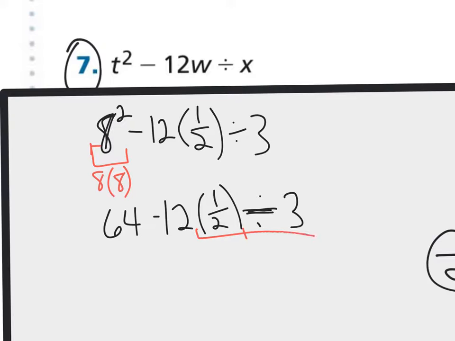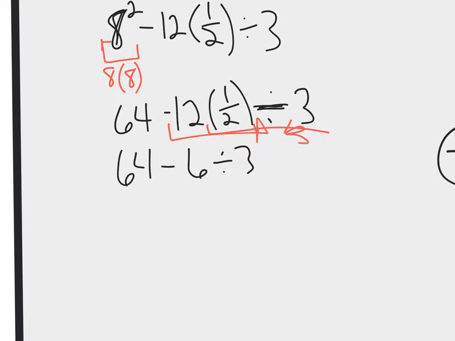Sorry, we do the multiplication. Multiplication and division from left to right. So half of 12 is 6. And then next we would do the division. 6 divided by 3 is 2, and then 64 minus 2 is 62.